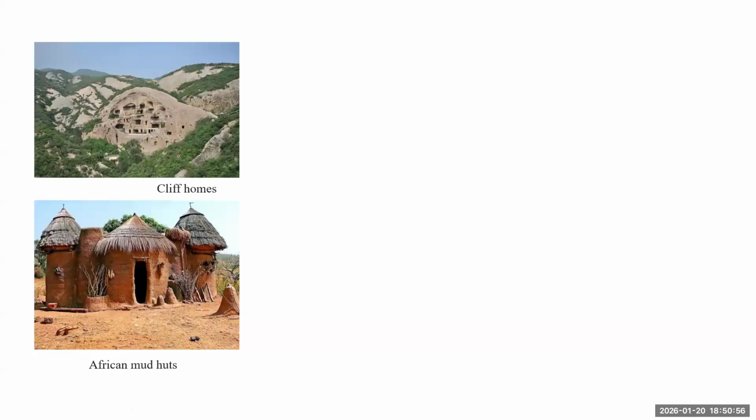That is because between the outdoor environment and the built environment, the cliff, the mountains serve as the envelope to separate outdoor environment and indoor environment. So the African mud huts use mud to separate outdoor environment and indoor environment to provide a better indoor built environment.